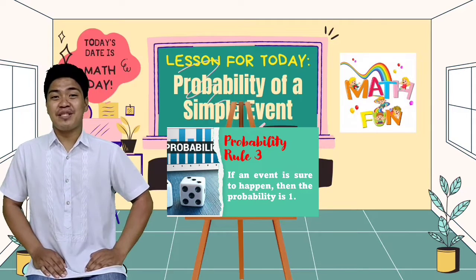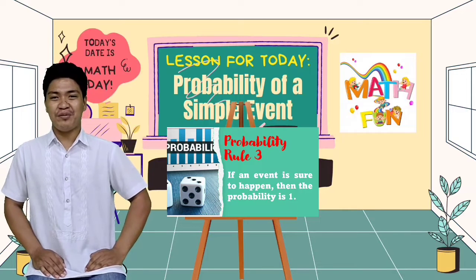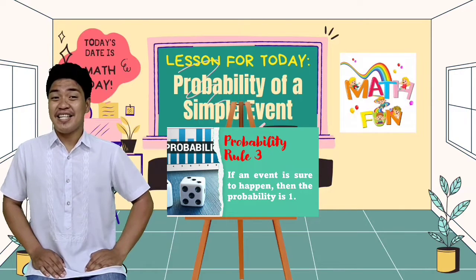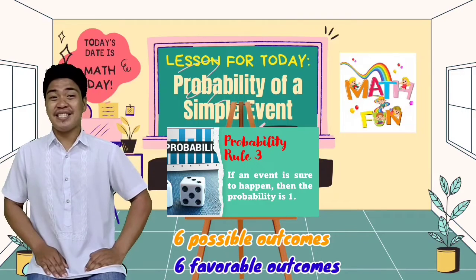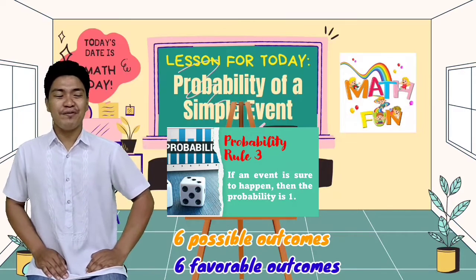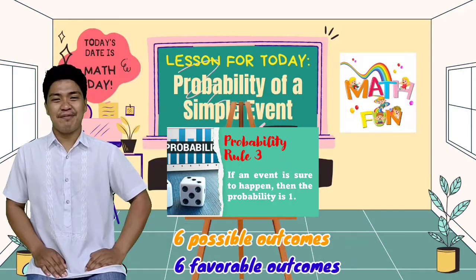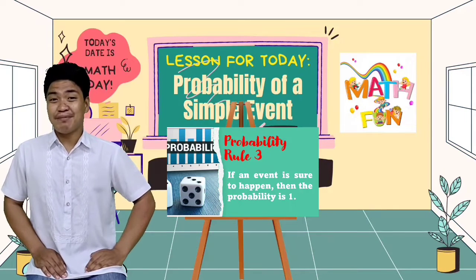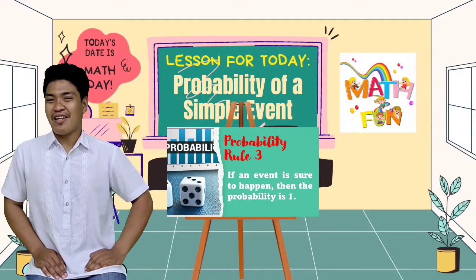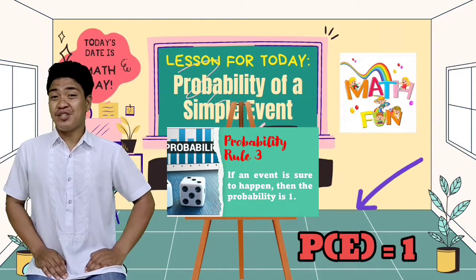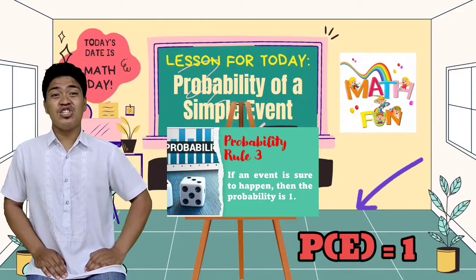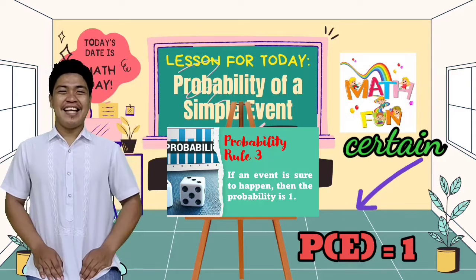Plug in the outcomes from step 1 into the formula. 6 is the number of favorable outcomes divided by 6, which is the number of possible outcomes. 6 divided by 6 is 1. Since the probability is 1, it is said to be an event that is sure to happen.